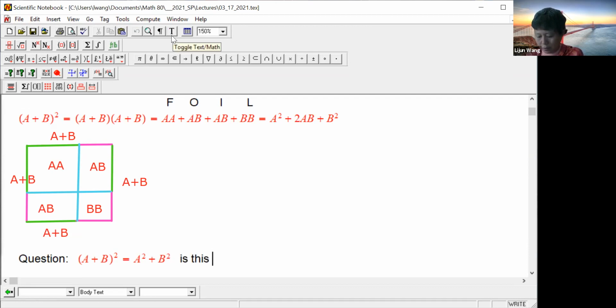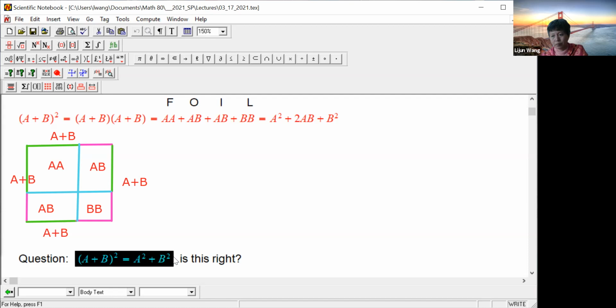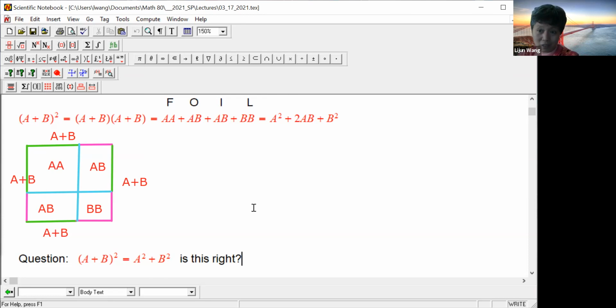Is this right? What does it tell us? Is this correct? Is the total area the same as just A squared, B squared? Obviously not, right? Do you follow me?